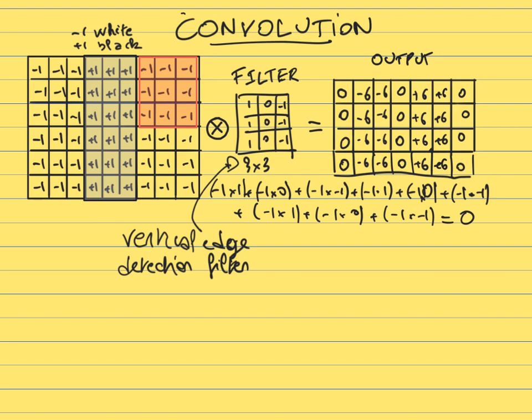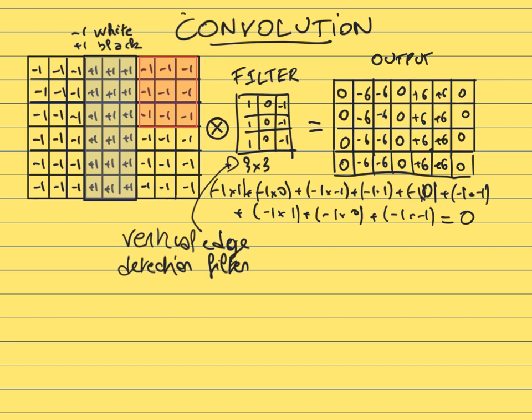As you can see, if you look at the output grid that you get, it is 0 when the image is just fully homogeneous, when all the pixels are the same color, so there is no edge. It becomes very small or very large every time it detects an edge.